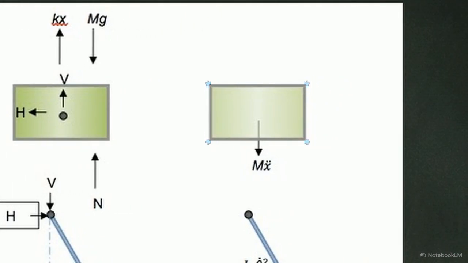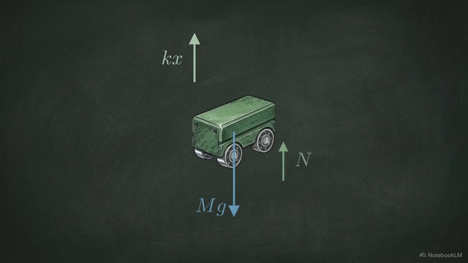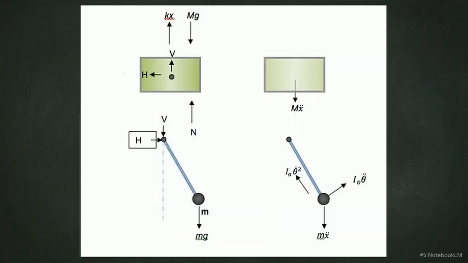We map the external and reactive forces acting on the cart: upward spring force, Kx, downward gravity, mg, normal force, n, and joint reaction forces, v and h. Moving down the diagram, we isolate the pendulum, mapping its inertial forces, identifying gravity pulling down, alongside the combined kinetic vectors for rotational and translational acceleration.